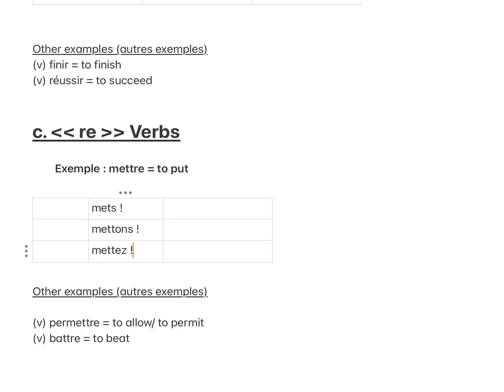Apart from that, we have other examples of regular RE verbs, that is permettre, which means to allow or to permit, and battre, which means to beat. So to make the imperative form for these two verbs, we will be following the same steps that we just saw.